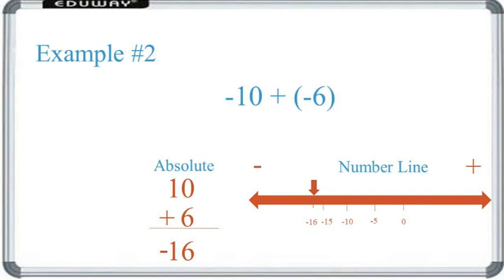The absolute value of a negative 10 is 10. The absolute value of a negative 6 is 6. So we add the absolute values, and that gives me 16. And the sign remains the same, both signs are negative, so your answer just remains negative. Quick, simple, gets the job done.